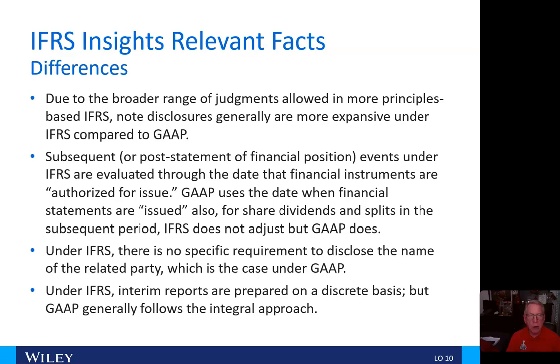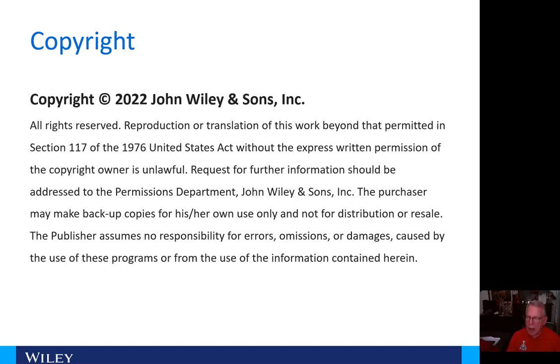Also, for share dividends and splits in the subsequent period, IFRS does not adjust, but GAAP does. Number three, under IFRS, there's no specific requirement to disclose the name of a related party, which is the case under GAAP. And finally, number four, under IFRS, interim reports are prepared on a discrete basis, but GAAP generally follows the integral approach.